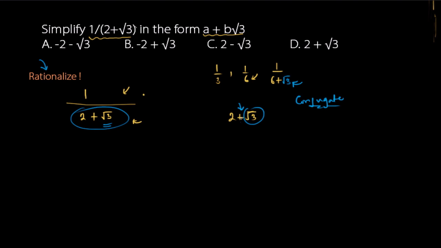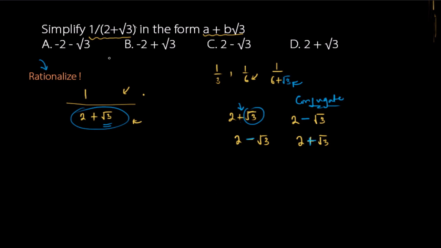For example, the conjugate of 2 plus the square root of 3 is going to be 2 minus the square root of 3, because this is plus, so it changes to a negative sign. Assuming you were given 2 minus the square root of 3, the conjugate of this is going to be 2 plus the square root of 3.